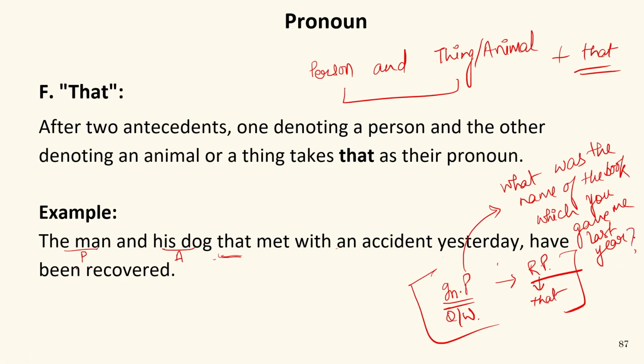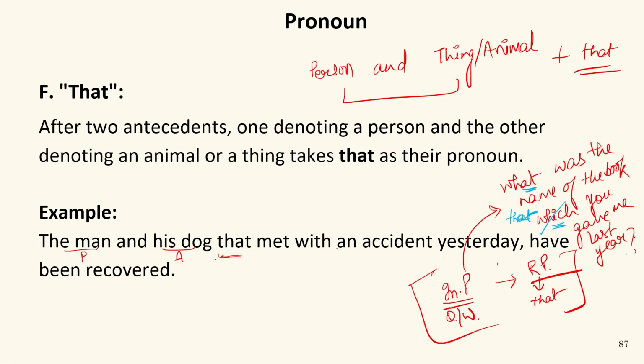Now, when we come to this sentence, we can see the sentence is beginning with an interrogative pronoun. Now, to relate this, what was the name of the book? I'm asking someone about the name of the book. Now, this is not again a question. In fact, this is relating the name of the book that you gave me. So your which should be replaced with that. Now the sentence will be correct. What was the name of the book that you gave me last year?